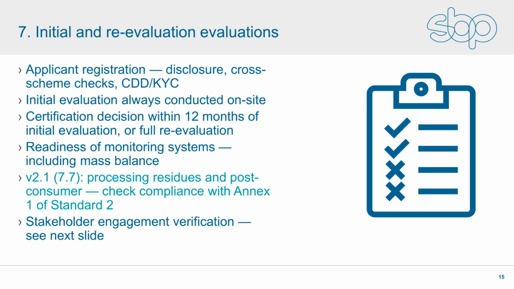Version 2.1 simplifies the requirement at indicator 7.7 for processing residues and post-consumer feedstock, where version 2.0 listed 4 specific checks: documentation of origin, classification, supplier information, and systems for accuracy and fraud prevention. Version 2.1 replaces that list with a single reference. The auditor checks compliance with Annex 1 of Standard 2. This reduces duplication between the two standards.